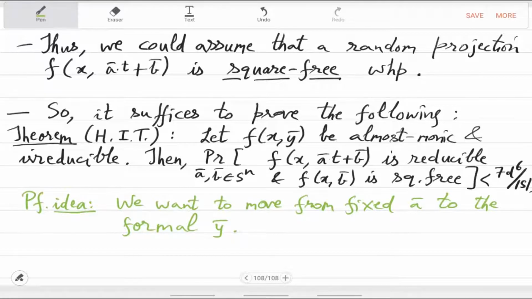So, from this information, how will you go to formal y bar? Okay, so that jump from fixed a bar to formal y bar, that jump will happen through Hensel lifting in two different ways. So, we will do that next.